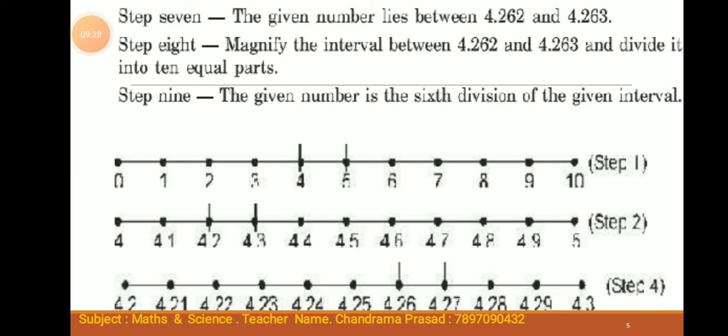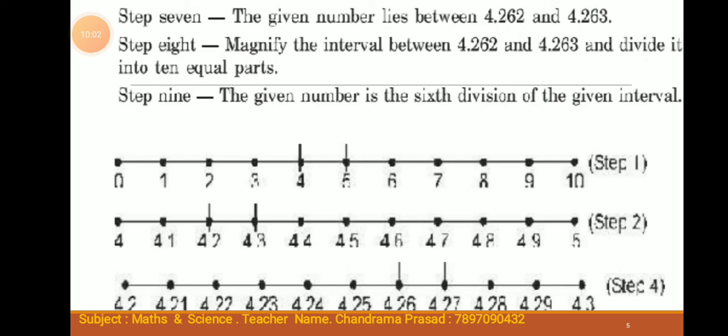Divide 4 and 5 into 10 equal parts, which are represented by 4, 4.1, 4.2, 4.3, 4.4, 4.5, 4.6, 4.7, 4.8, 4.9 and 5. The number lies between 4.2 and 4.3.